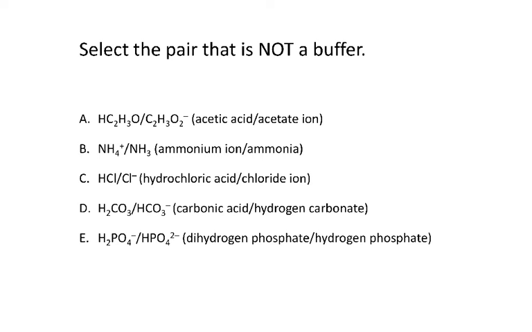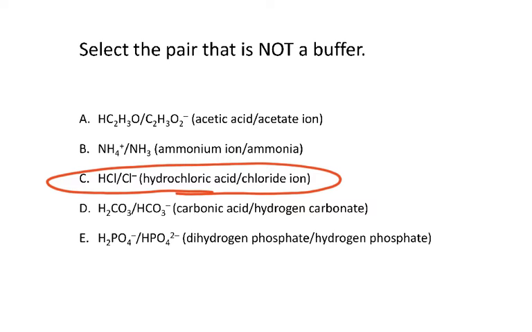Which pair is not a buffer? Okay, which pair is not a buffer? Well, here's the thing about all these, right? They are all conjugate pairs. But there's one that stands out that's not a weak acid, right?